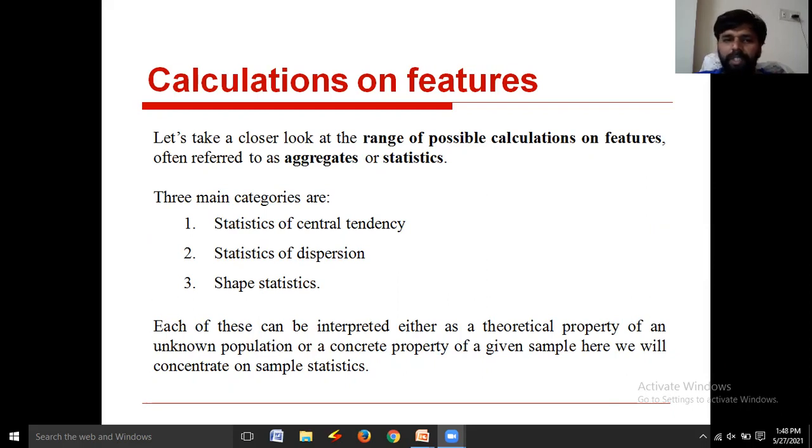And the third type is shape statistics. Total, there are 3 types of statistical measures. In the last video, we discussed statistics of central tendency. In this video, I am going to explain statistics of dispersion and statistics of shape.